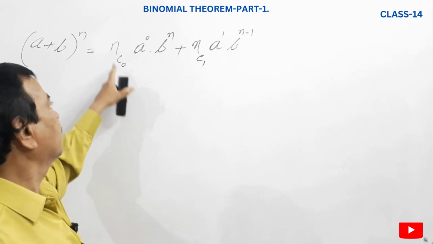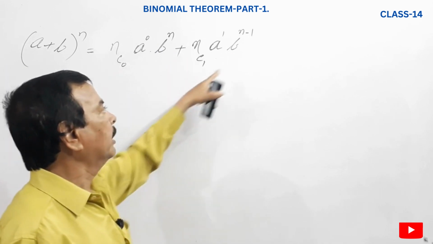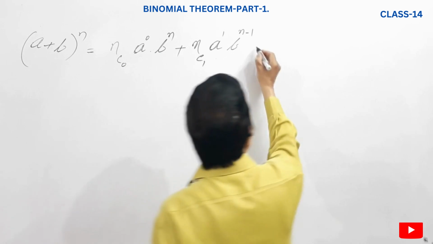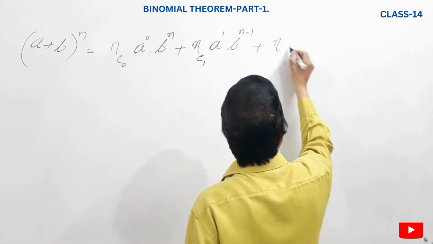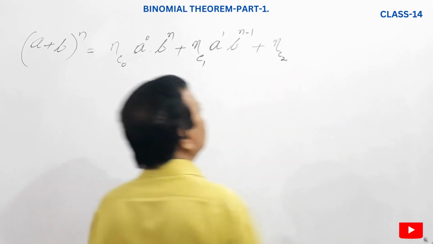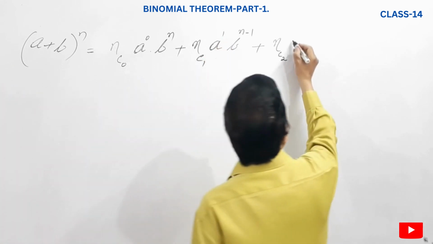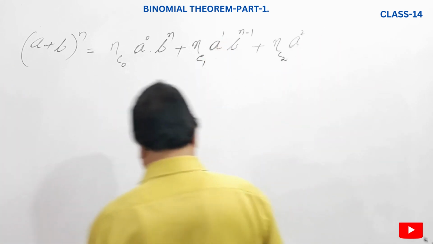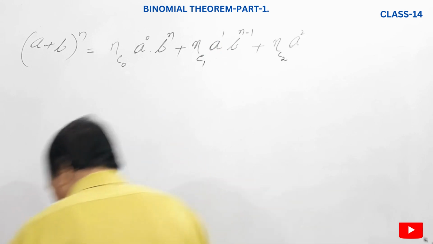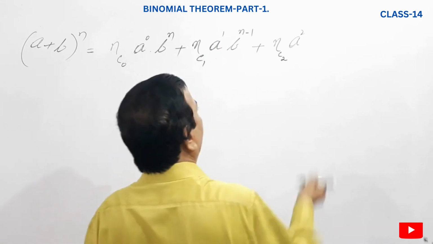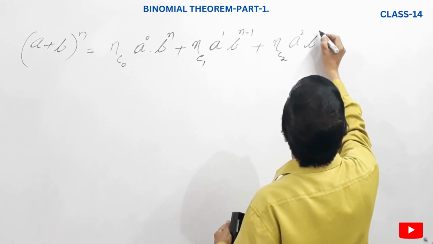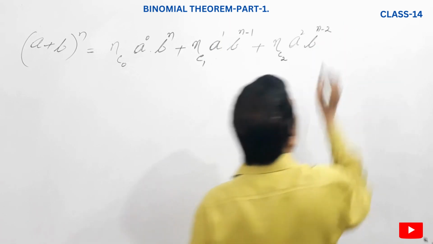So the next term after nC0, nC1 automatically is nC2. Now a becomes a to the power of 2, and b becomes b to the power of n minus 2.